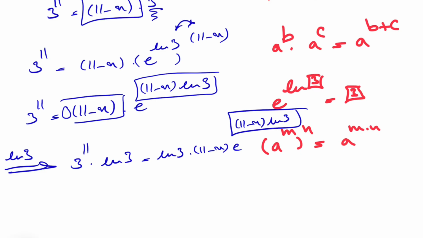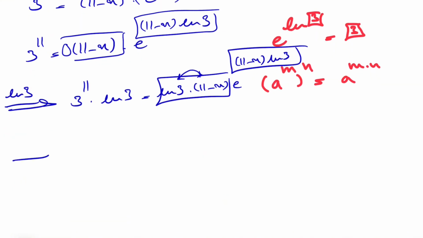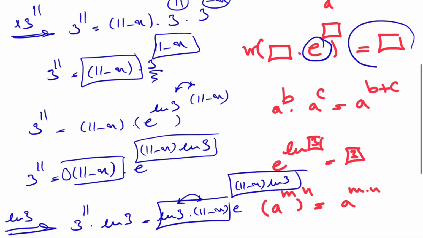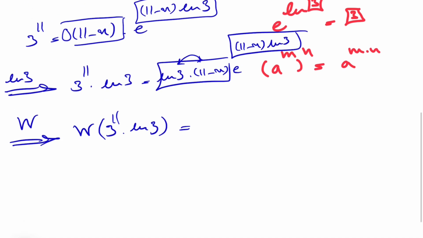So now we have that box that we were looking for. This is a multiplication, so we can switch these two. It's time to apply the Lambert W function on each side. On the left side, we have 3 to the 11 times ln of 3. On the right side, if you apply it, we get our box that we were looking for, so this will be equal to 11 minus x times ln of 3.